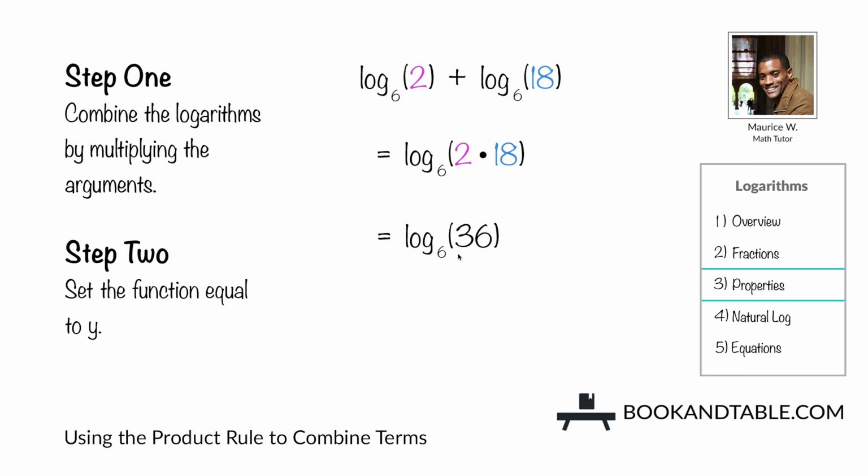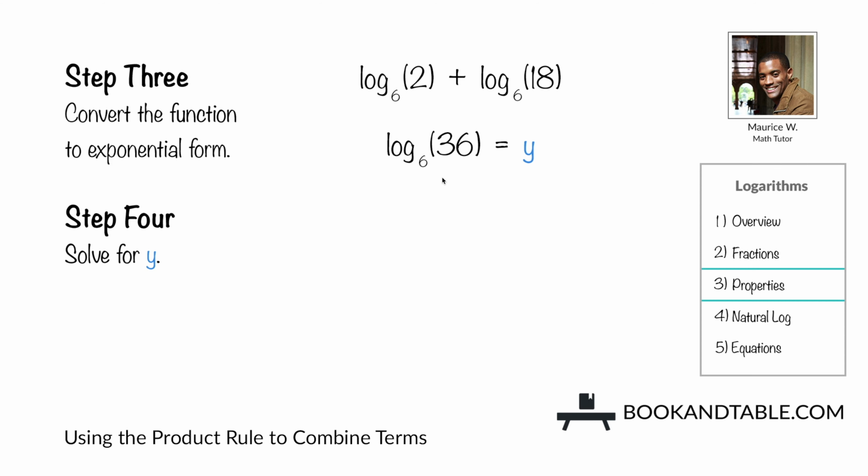And now, this base can be multiplied times itself to give us this argument of 36. So that is the clue that we can simplify this term further. So we want to set log base 6 of 36 equal to y. And now we can change this to exponential form, allowing us to solve for y.